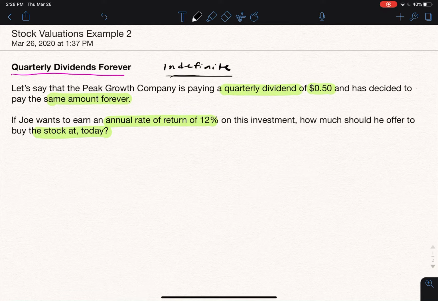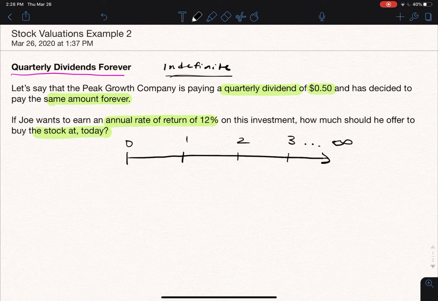So first, we have a company. I'm just going to go ahead and draw a timeline. Okay. We have a company that, oops, change to eraser. There we go. So if I go years, 1, 2, 3, and I'm just going to say infinity. That's a terrible infinity symbol.